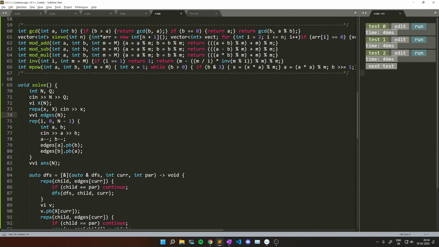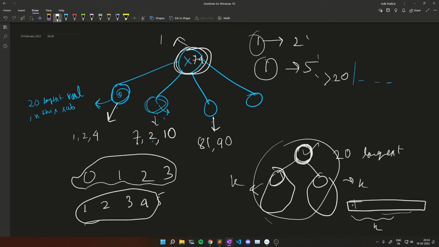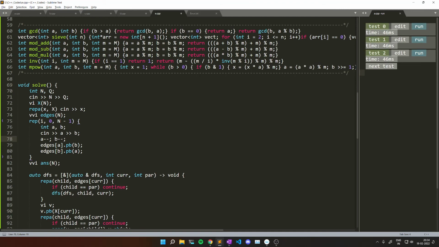Then I form the edges: given a and b, I have created a 2D vector, and for each a, b, I first did a minus minus, b minus minus, because I have started counting vertices from 0, 1, 2, 3 this way, while they were given as 1, 2, 3, 4, 5. It can be done this way also, but I prefer to start from vertex 0. So I decreased the value by 1 and formed the edges.